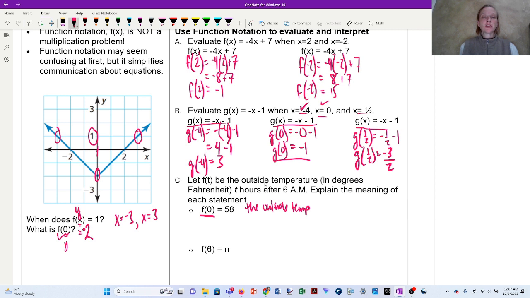So we must be t hours after 6 a.m. We must be 0 hours after 6 a.m. Now, 0 hours after 6 a.m. is just 6 a.m. It's still 6 a.m. So what I'm finding is that the outside temperature at 6 a.m. is 58 degrees Fahrenheit, because that outside temperature at 6 a.m. is equal to this number here. And I'm told that this function gives me the outside temperature in degrees Fahrenheit.